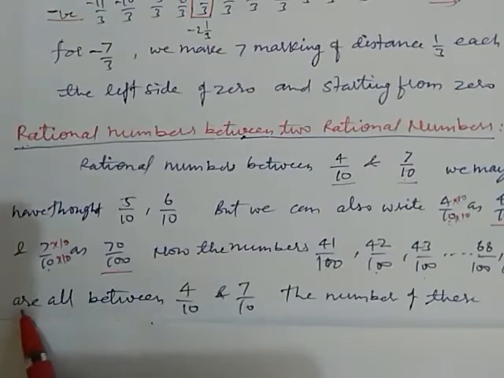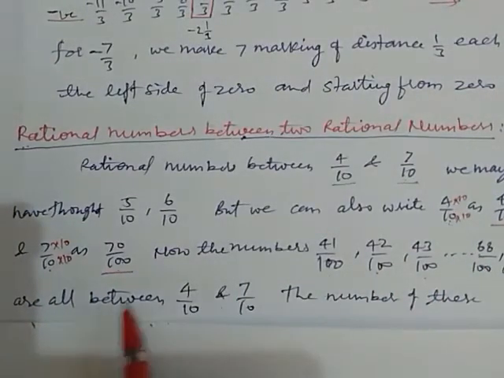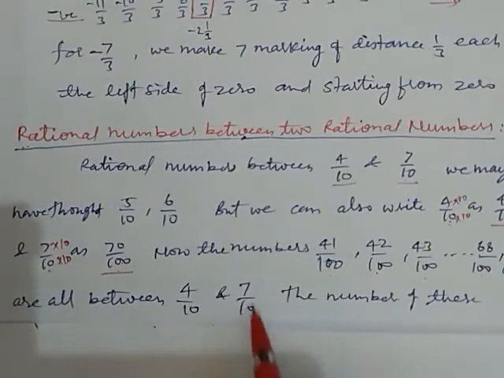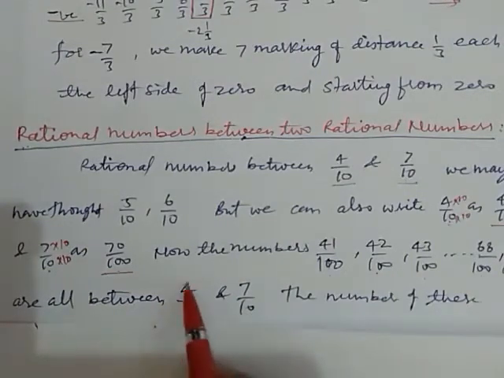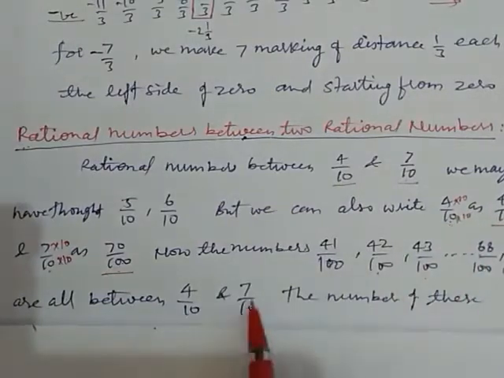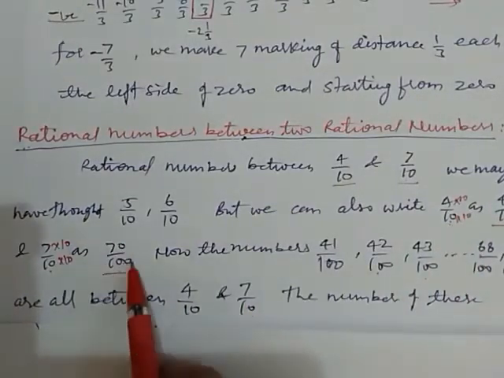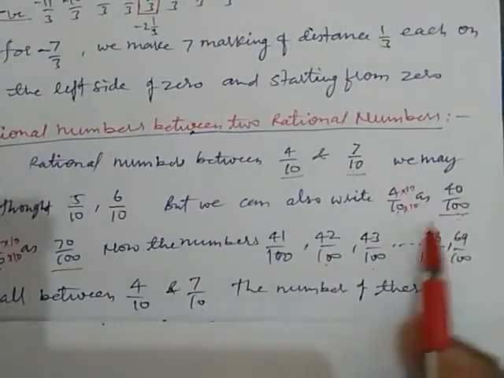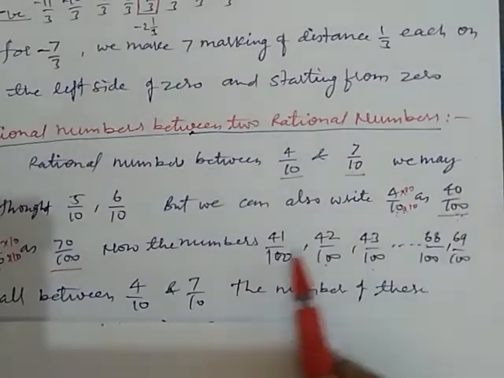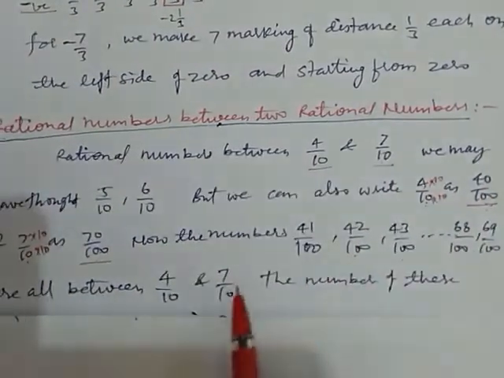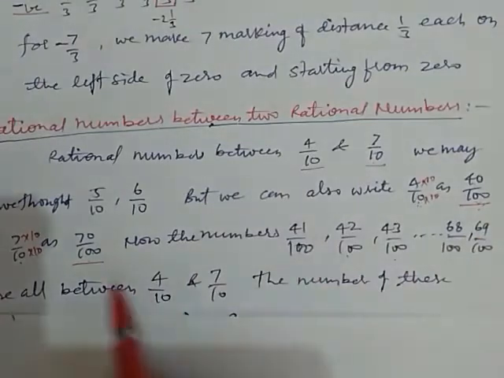This way we proceed. These numbers are all between 4 by 10 and 7 by 10, because 4 by 10 is now 40 by 100 and 7 by 10 is now 70 by 100. So we start with 41 and end with 69 by 100.